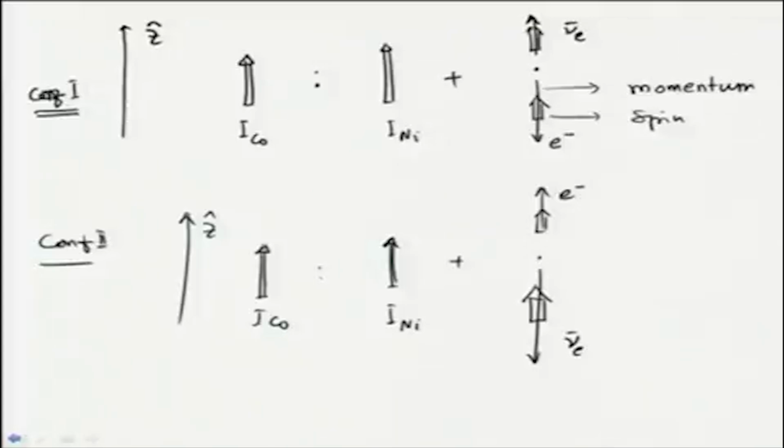Experimentally, the statement is that if configuration 1 is observed, that is, if you see electrons coming out opposite to the direction of the spin of cobalt, then you should see electrons coming out along the spin of the cobalt also.